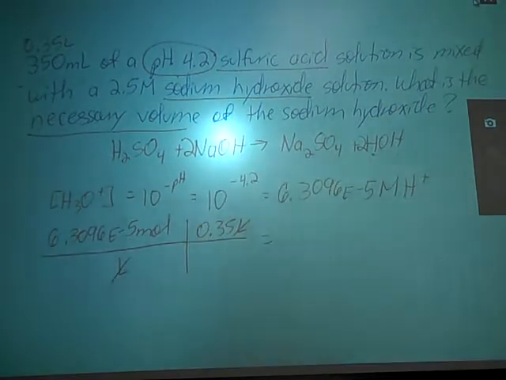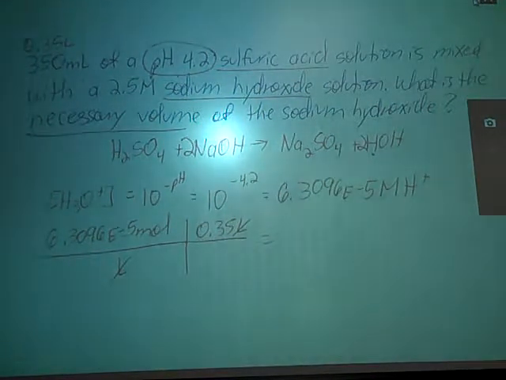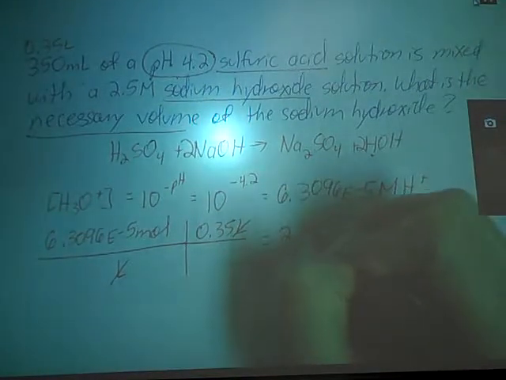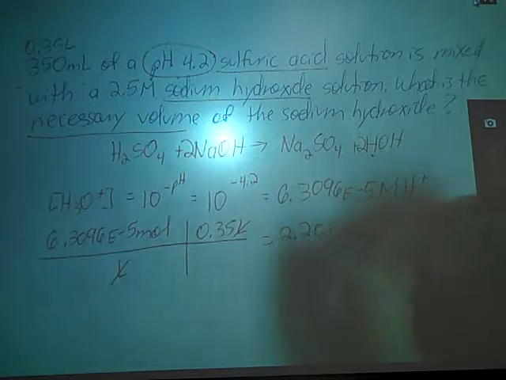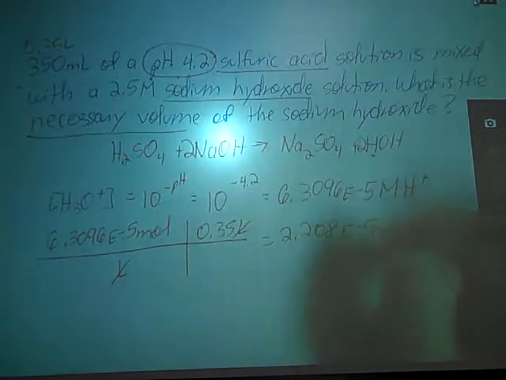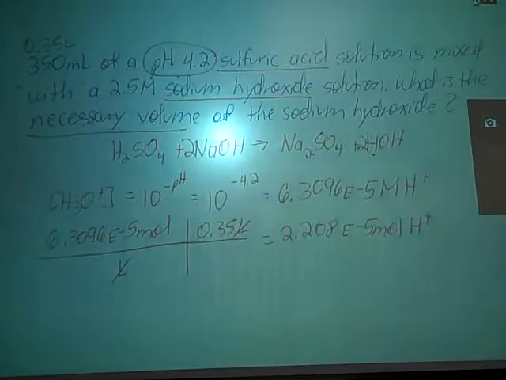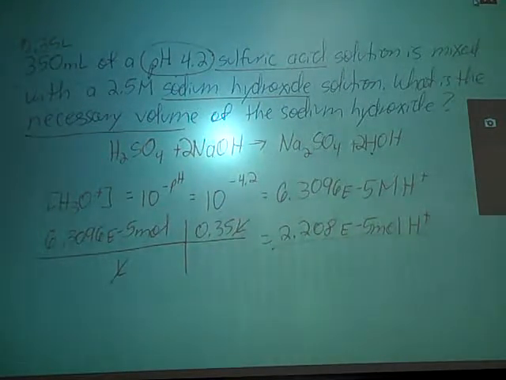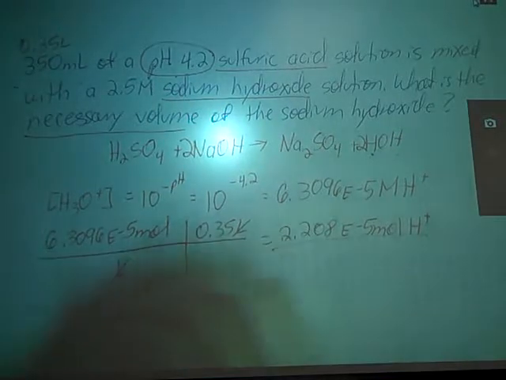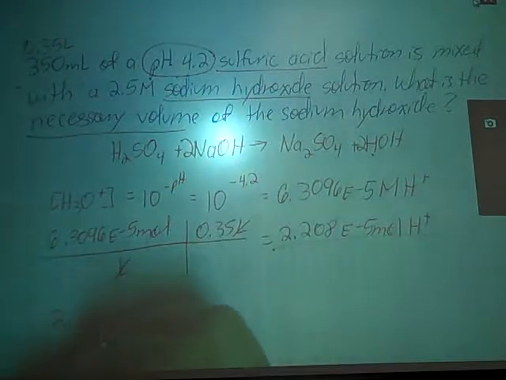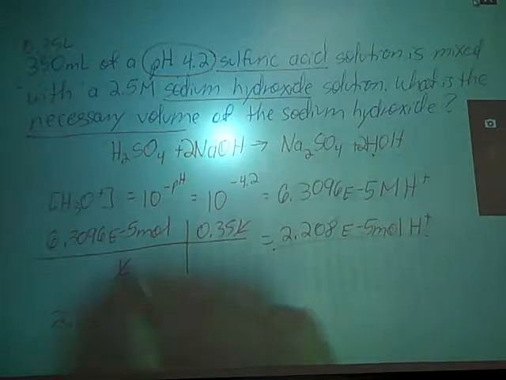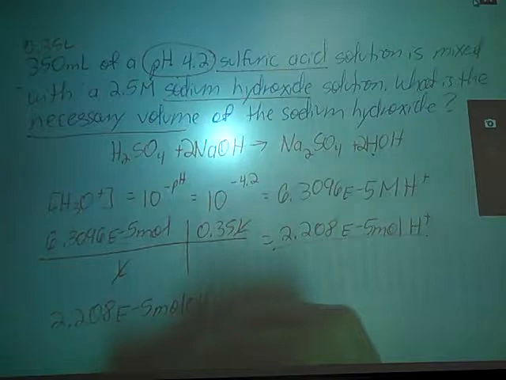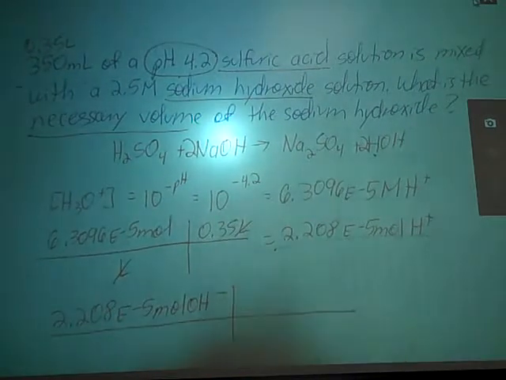Liters cancel, and I'm left with just moles. 2.208 roughly times 10 to the negative fifth moles of hydrogen ion floating around. Since I have 2.2 times 10 to the negative fifth moles of hydrogen floating around, that means I'm going to need 2.2 times 10 to the negative fifth moles of hydroxide to neutralize that.